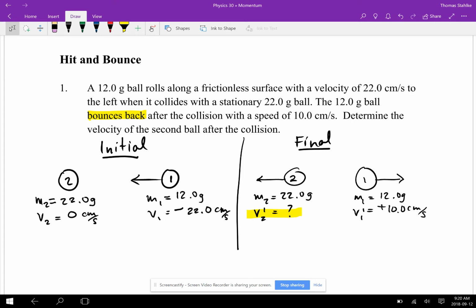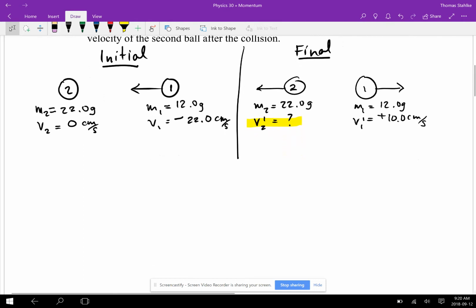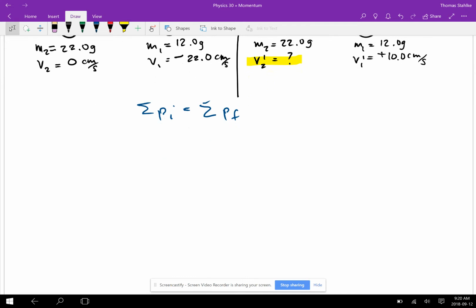So this is the hit and bounce as indicated, and we set up the equation by just going: the sum of momentum initial equals the sum of momentum final. And we'll expand that out. So we'll say mass 1, velocity 1, plus mass 2, velocity 2, equals mass 1, velocity 1 prime, plus mass 2, velocity 2 prime.